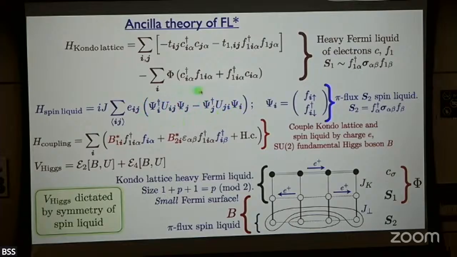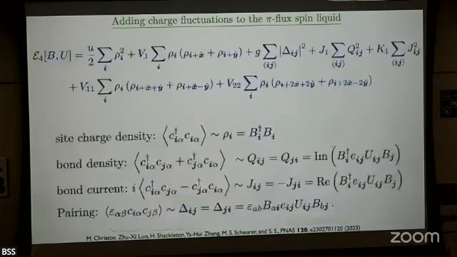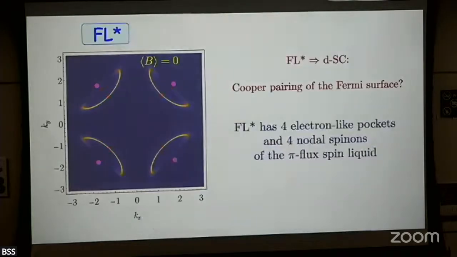So there's a pairing in the spin liquid. All you've got to do is hybridize the spin liquid with the Fermi surface, and you get a superconductor. So in this language it just means you have to condense B, and depending on which gauge you're using, you'll have different components of B. That's the tricky part that you have to very carefully work out.